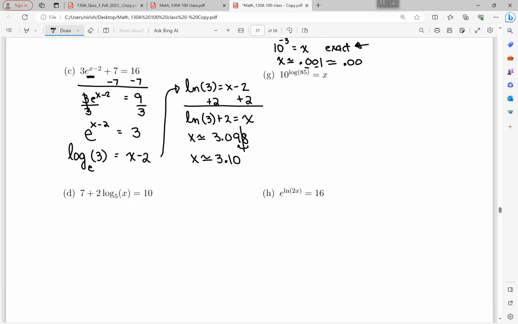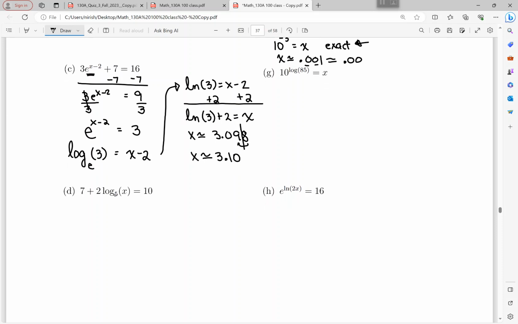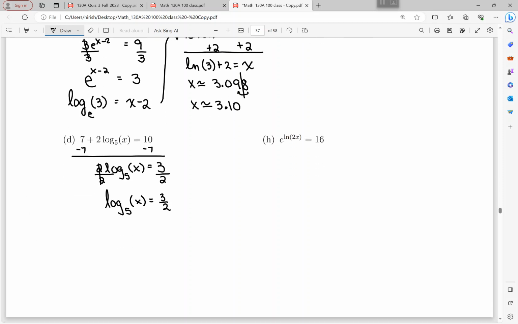Take a look at letter D. Kind of the same idea. Move the 7 first. It's positive, so subtract 7 from both sides of the equal. That's 2 times log base 5 of x. So to undo multiplication, that's when you divide. So I have log base 5 of x equals 3/2, or 1.5 if you wanted to write it that way.